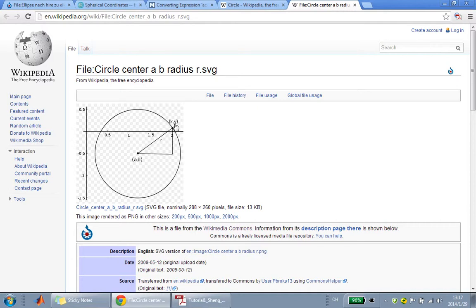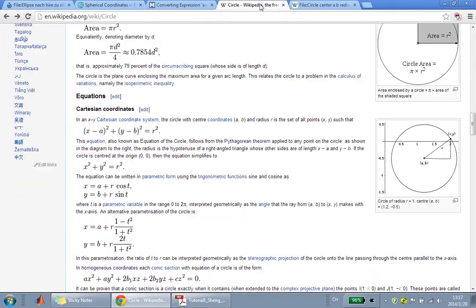Therefore, for this point, the y coordinate equals b plus r sine t. Similarly, for x, this length equals r cosine t. Therefore, the x coordinate is a plus r cosine t.